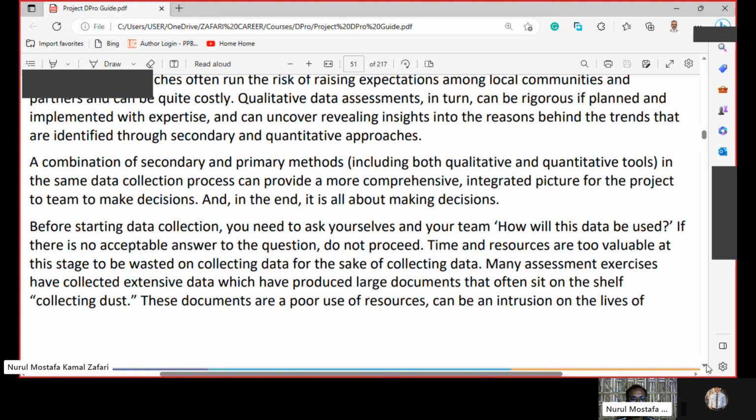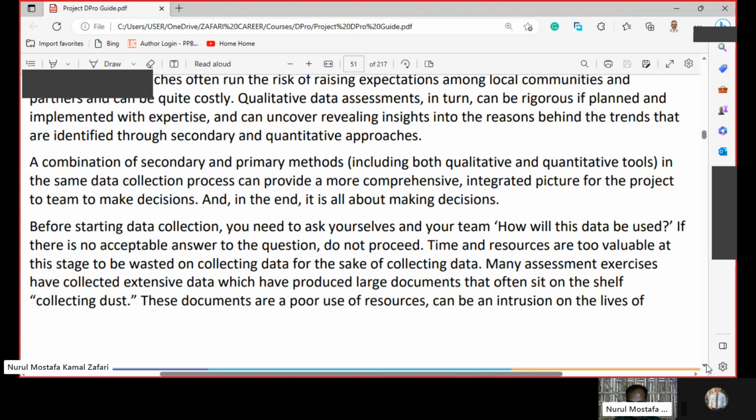Before starting data collection, you need to ask yourselves and your team, how will this data be used? If there is no acceptable answer to this question, do not proceed. Time and resources are too valuable at this stage to be wasted on collecting data for the sake of collecting data.